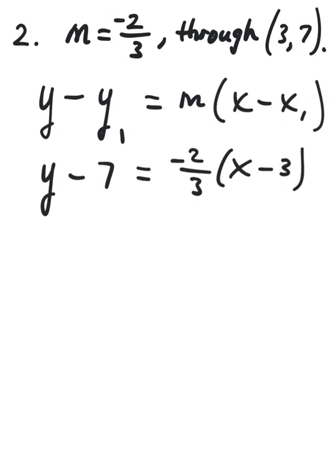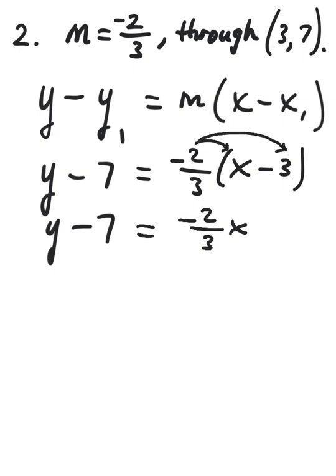Distributing the negative 2/3, that's going to give us negative 2/3 x. Be very cautious here. On the second jump, negative 2/3 times negative 3 is positive 6/3. Think of that 3 in the parentheses as being over 1.